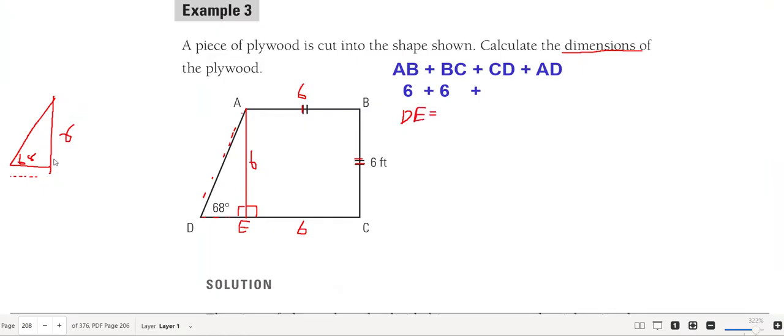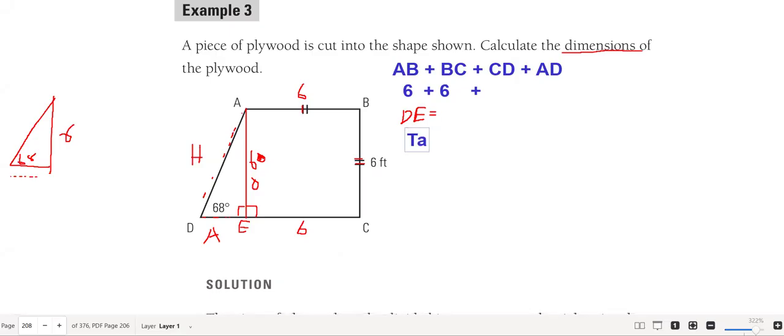Now DE, I'm going to label my triangle, right? This is my hypotenuse. This is my opposite side, which means this is my adjacent. Now I'm trying to find the adjacent, and I have something on my opposite side. SOH CAH TOA. Tangent, TOA, right? So tangent of my angle is equal to opposite over adjacent.